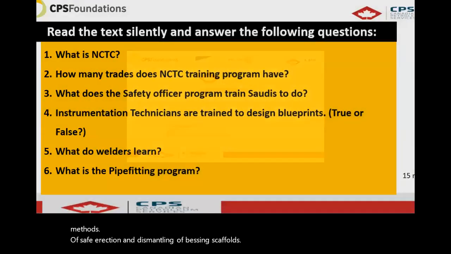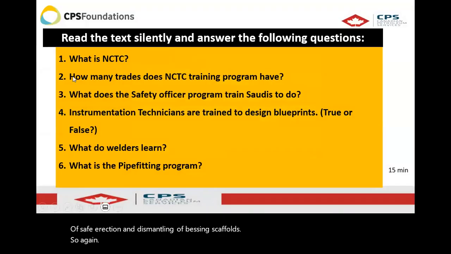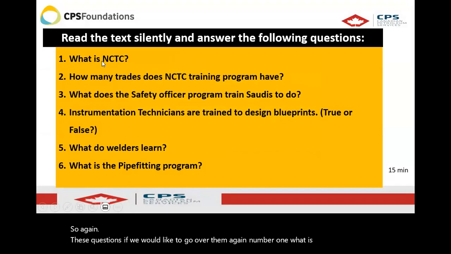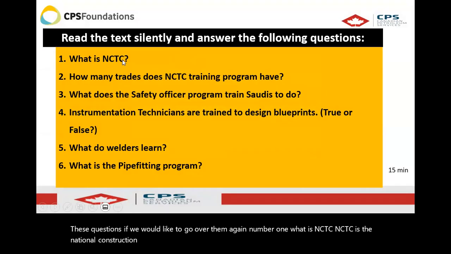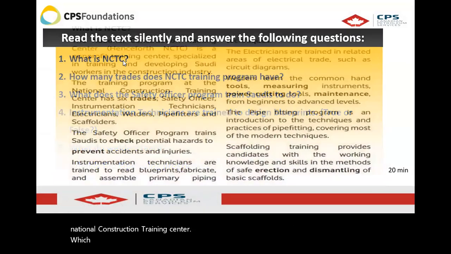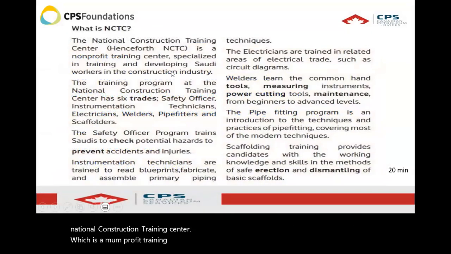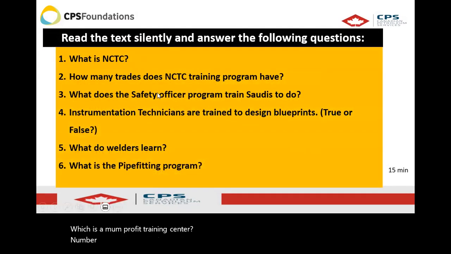So again, these questions, if we would like to go over them again. Number 1, what is NCTC? NCTC is the National Construction Training Center, which is a non-profit training center. Number 2, how many trades are there?